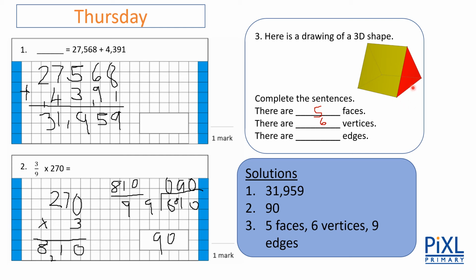On this side, on my 2D triangle shape, we've got 1, 2, 3. Remember, it's symmetrical, so opposite, we've got 1, 2, 3. And then we have got 3 edges on the middle part of my prism. So my answer, 3 add 3 add 3 gives me 9.